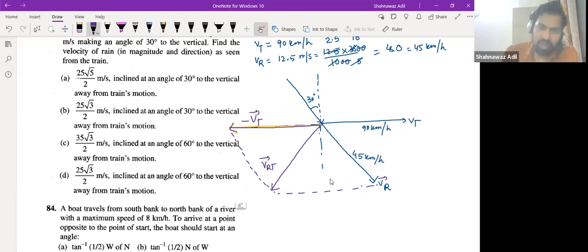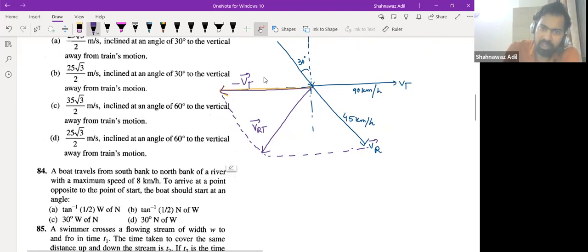Okay. So now these are not perpendicular, right? In the earlier case, we used to get this kind of figure. But now our figure is what? You see that I have two vectors, this one and this one. These are the two vectors, right? And the angle between these two vectors is how much? This is 30, right?